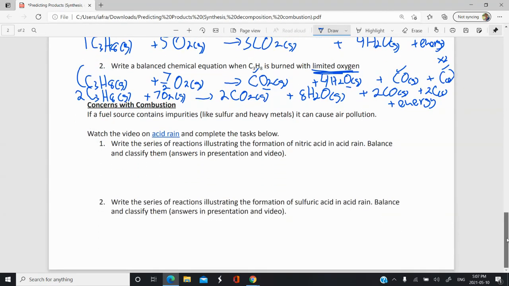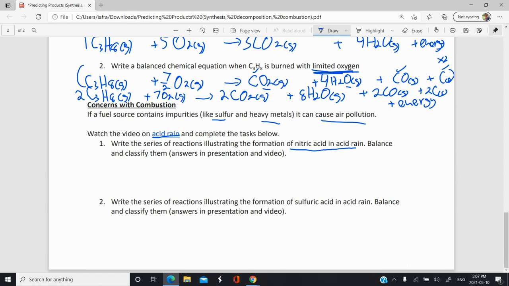The last part of the lesson is for you to go through the combustion problem. When we burn fuel, there are some problems with that. The fuel we burn often has impurities like sulfur and heavy metals in it, and that can cause air pollution, which can lead to the production of acid rain. So I want you to watch the video of acid rain and write down the series of equations that leads to the formation of nitric acid and acid rain, and make sure you balance the reaction and classify it as well.